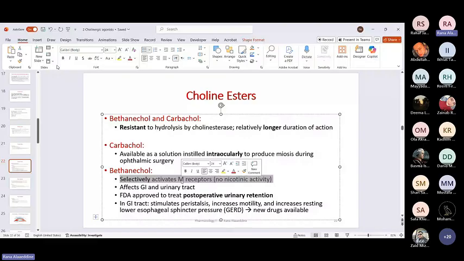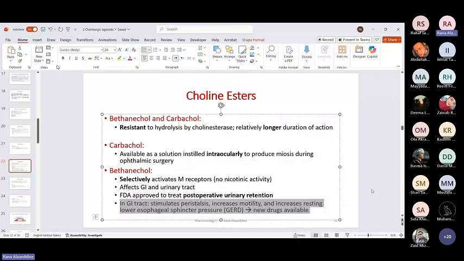It stimulates things, okay? And what about urination, you guys? Will it cause more or less urination? More, 100%. So this is why we use it after a surgery when the person is not able to urinate. This is what we call urinary retention.